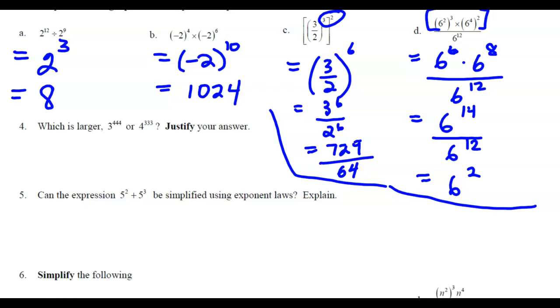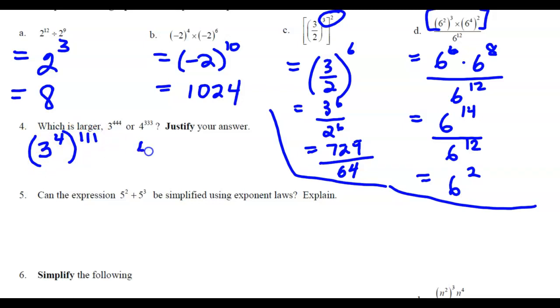So take a look at the bases. Any common factor between 3 and 4? No, 3 is a prime number, right? Okay, but 333 and 444: what number goes into both of those? Bigger than 11. 111. Yeah, so we could show this as 3 to the 4th raised to the exponent 111.